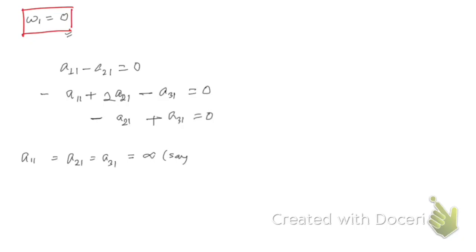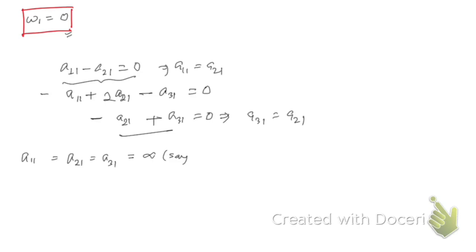Now you see how to solve this. From this equation it is clear that a11 is equal to a21, and from this equation it implies a31 is equal to a21. So a21 is equal to a11 and a31 is equal to a21, so we can write that these three are equal, right? Hope you have understood this.